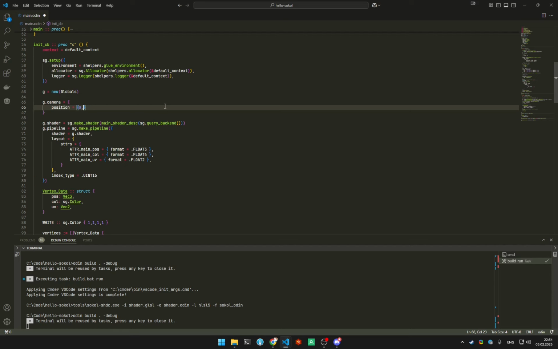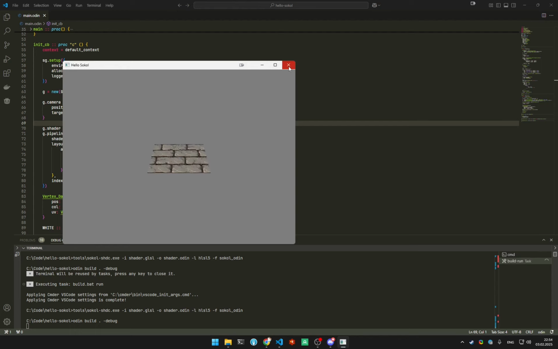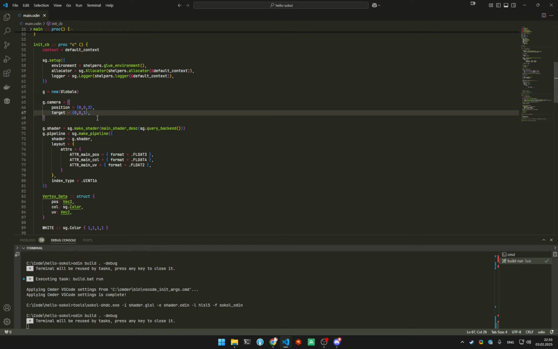So it would look 1 meter forward, so like to the minus z. And this should already give us the same effect. So we are now looking at the same quad, except that the quad actually stays at the 0 coordinates, and the camera is staying a little bit back and just looking at it.